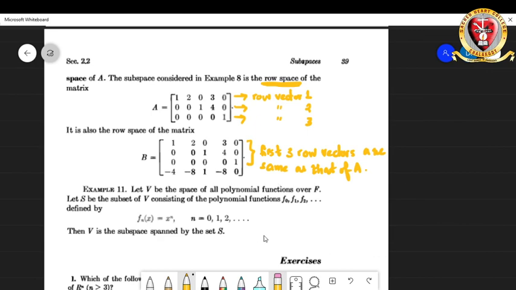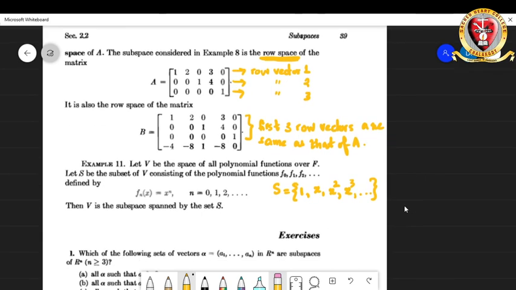That means if n is equal to 0, you get x raised to 0 equal to 1, then x squared, x cube, etcetera. Right? So when we are taking polynomials, we are taking linear combinations of these elements where the coefficients are coming from F, that is R. So V is the subspace spanned by this set S. That is the inference you get from example 11.